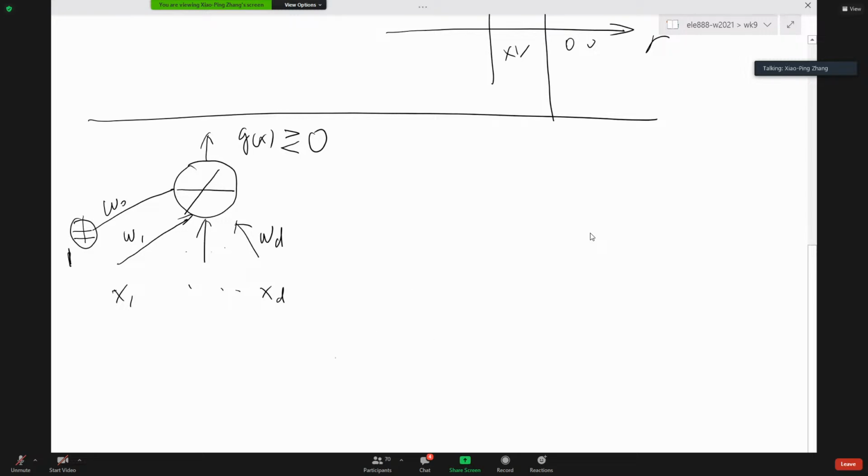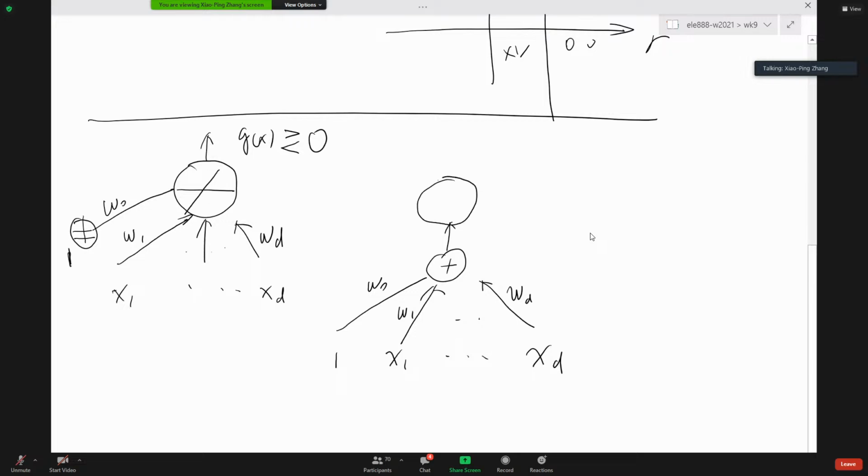So still we have this 1, x1, to xd. This is called augmentation. So basically, we sum them together with W0, W1, and here WD. And then we indeed have a nonlinear unit, and then we have this output.